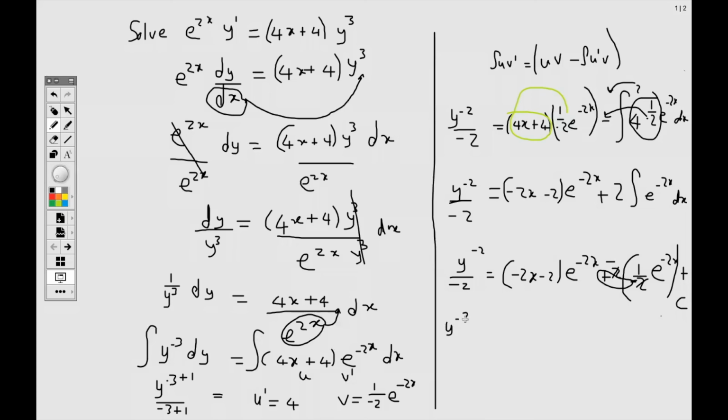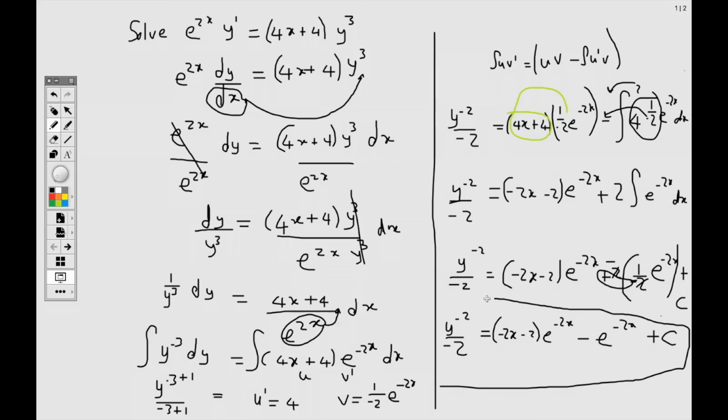Y to the minus 2 over negative 2 is equal to minus 2x minus 2 times e to the minus 2x, then minus e to the minus 2x plus c. And this right here is my general solution.